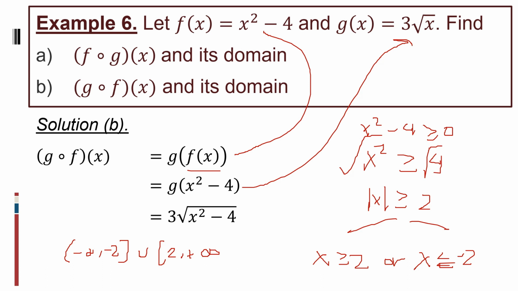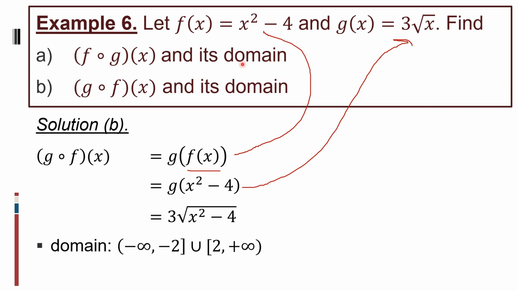Yun yung domain ng ating g circle f. Okay? Pero tignan muna natin, baka naman meron siyang mga hindi pwedeng isama because of the domain of f. But since yung domain ng f of x natin is the set of real numbers, kasi nga polynomial yan, then we can conclude that definitely the domain of g circle f is negative infinity to negative 2 closed, union, closed 2 to positive infinity.